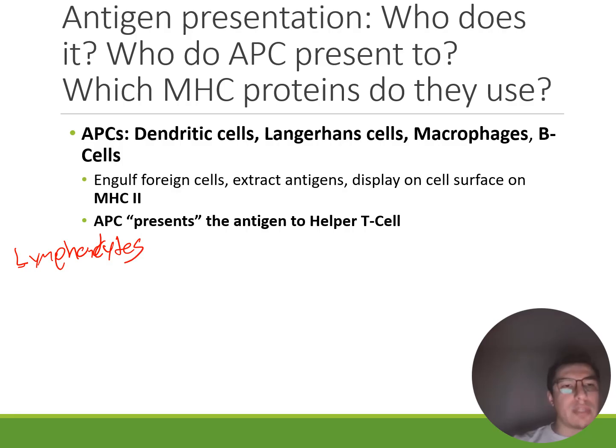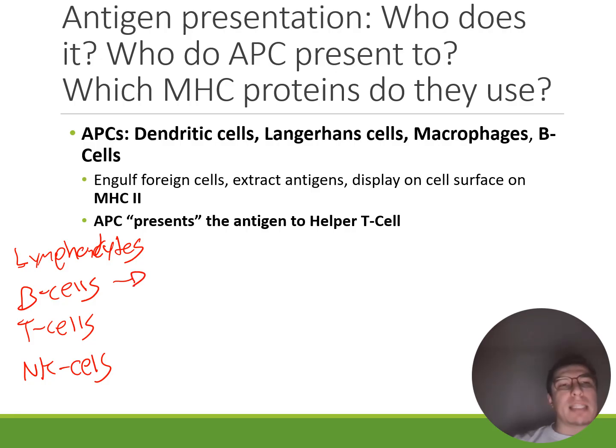We have B cells, T cells, and NK cells. B cells, as we mentioned, once they become activated, will divide and then mature into a plasma cell. And it is that plasma cell that will then produce antibodies that are specific to a pathogen.